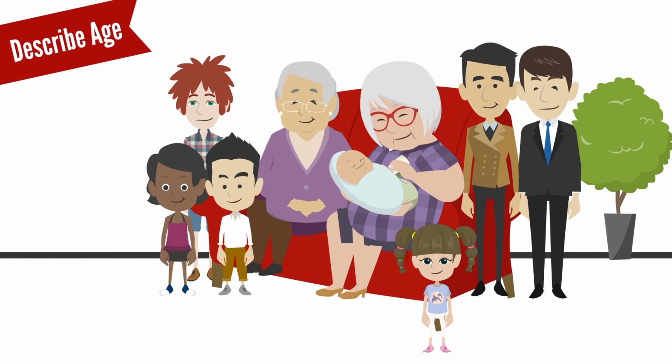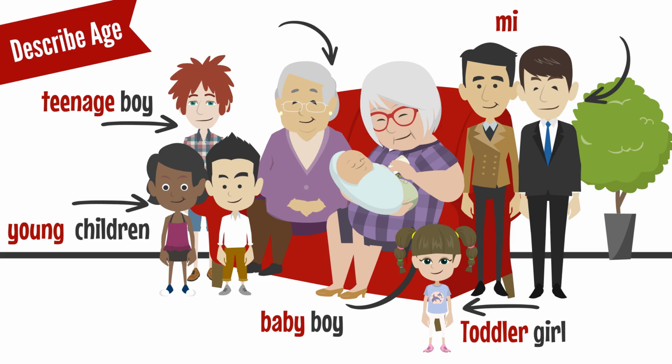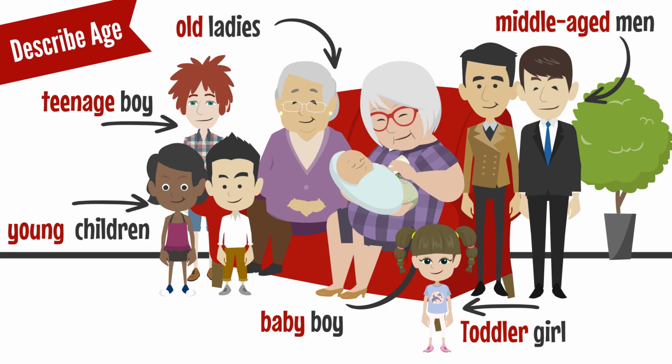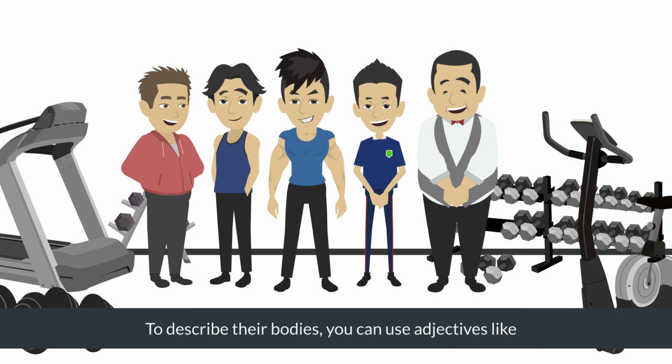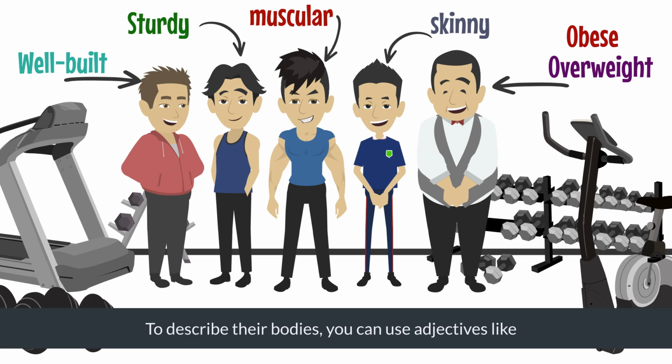To describe the age of the people depicted in the photo, you can use words like baby, toddler, young, teenage, middle aged, old. To describe their bodies, you can use adjectives like skinny, well built, sturdy, muscular, obese, or overweight.